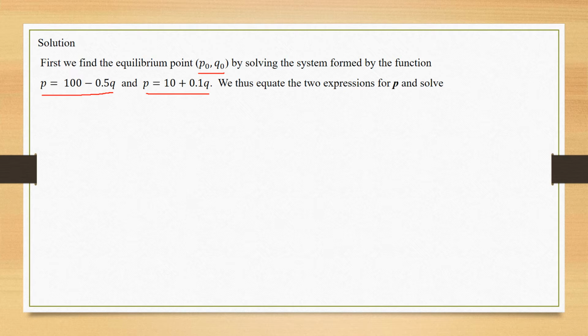In both equations the left hand side is the same, P, so the right hand sides must be equal. Writing down the right hand sides: 10 + 0.1Q = 100 - 0.05Q.